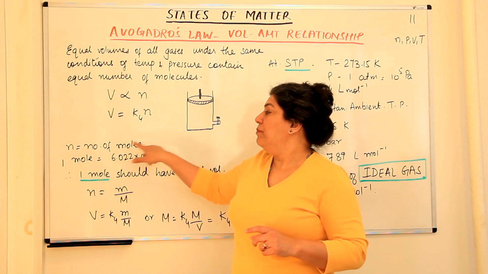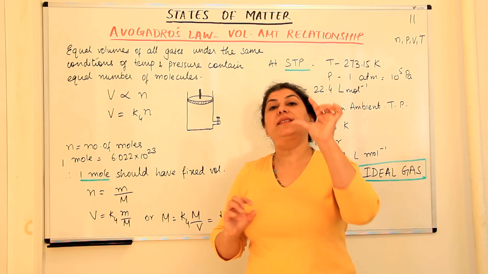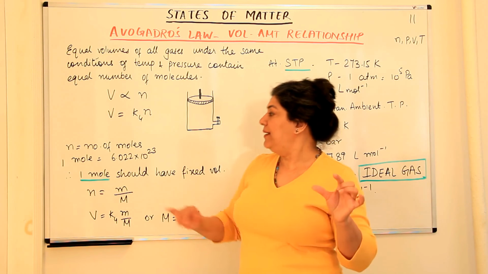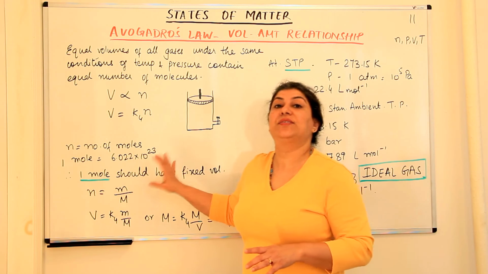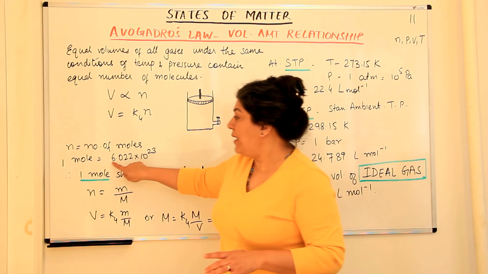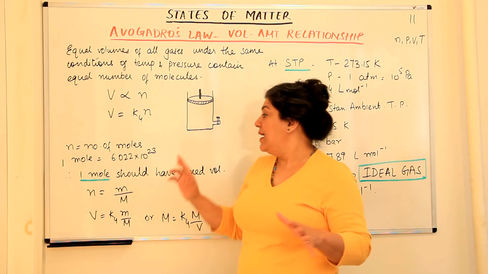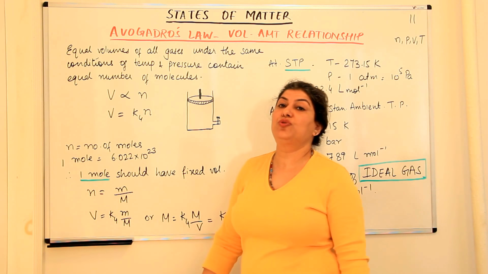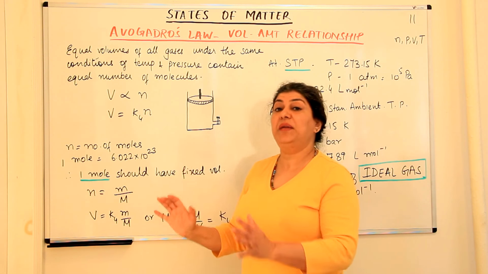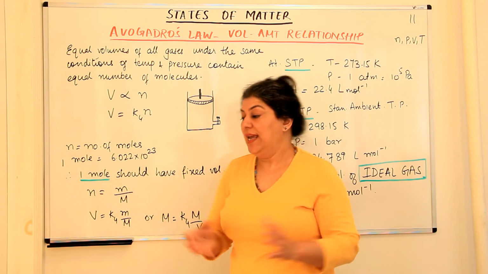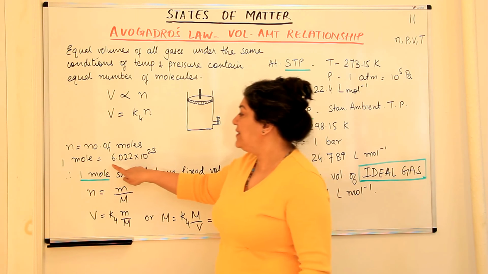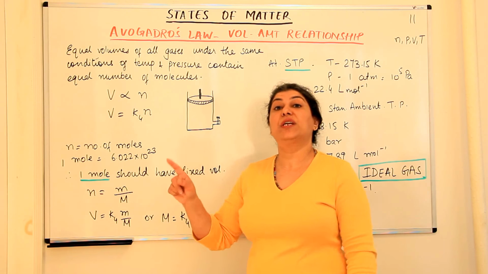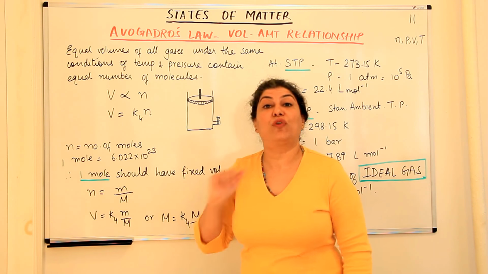Similarly, a mole is actually a certain number, and that number is 6.022 × 10^23. 1 mole of any substance contains 6.022 × 10^23 particles of that substance. If I say 1 mole of oxygen molecules, it means 6.022 × 10^23 molecules of oxygen.